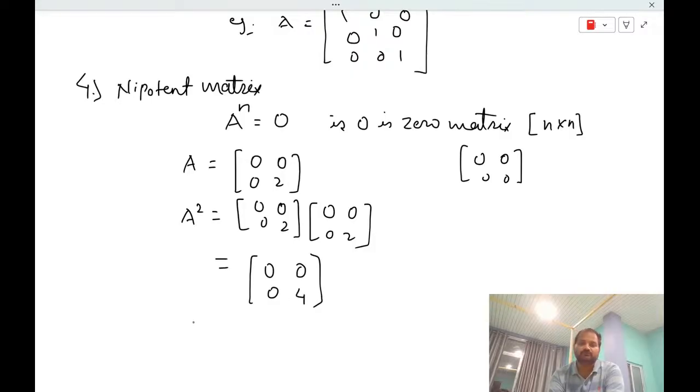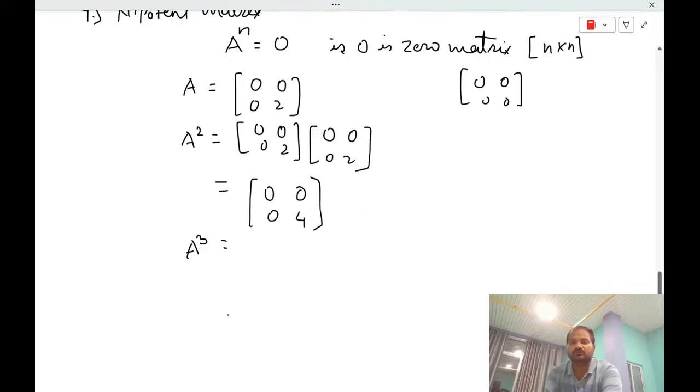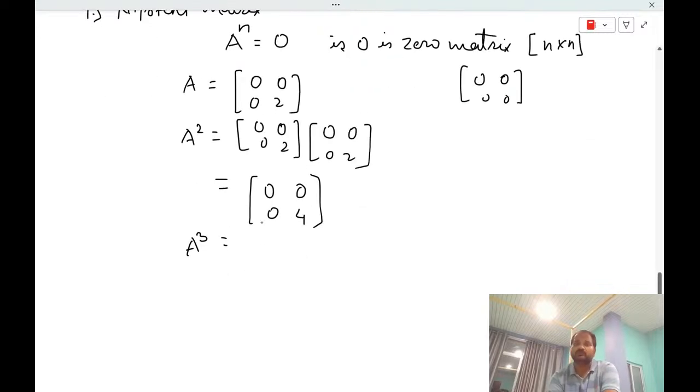Okay, now A cube will be equal to 0 0 0 2 into A square.